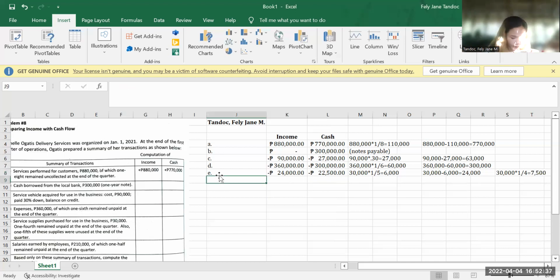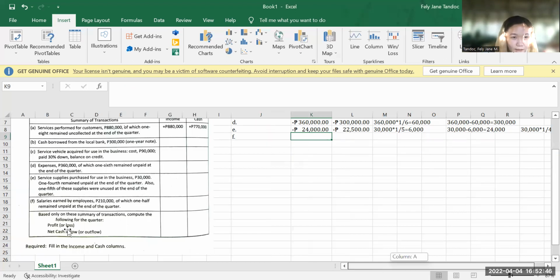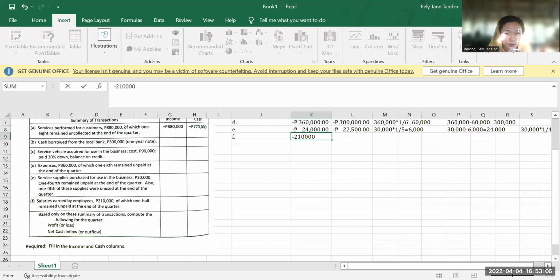Last, letter F. Salaries earned by employees, 200,000, of which 1/2 remain unpaid at the end of the quarter. For income, I subtract the total salaries earned by the employees, which is 200,000.